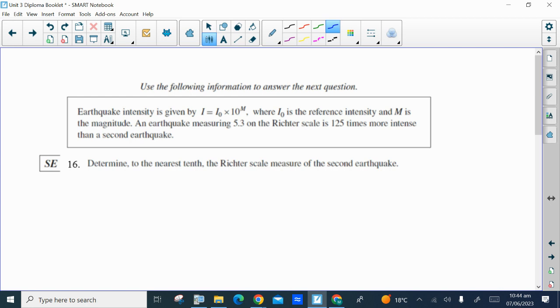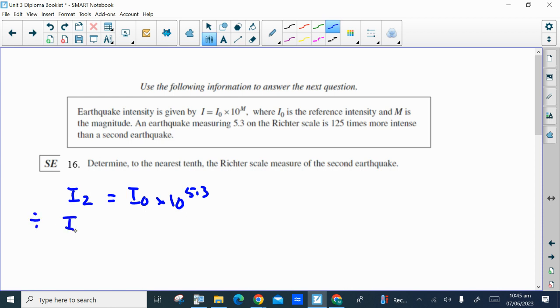So that means if you divide those two intensities, the quotient of the intensities will be 125. So using that equation that we're given in the question up here, I is the intensity, so I sub 2 will be the intensity of the second earthquake, and that will equal I sub 0 times 10 to the power 5.3.